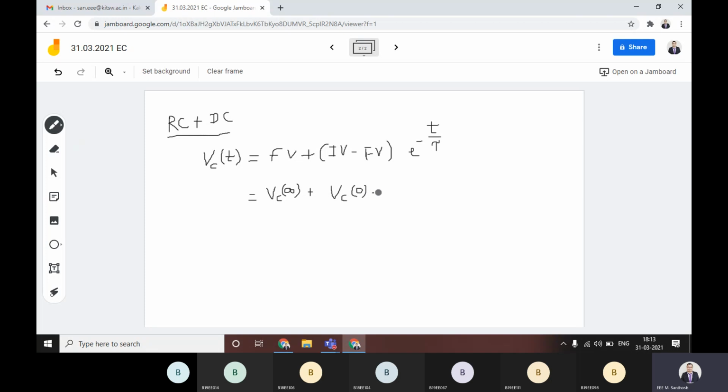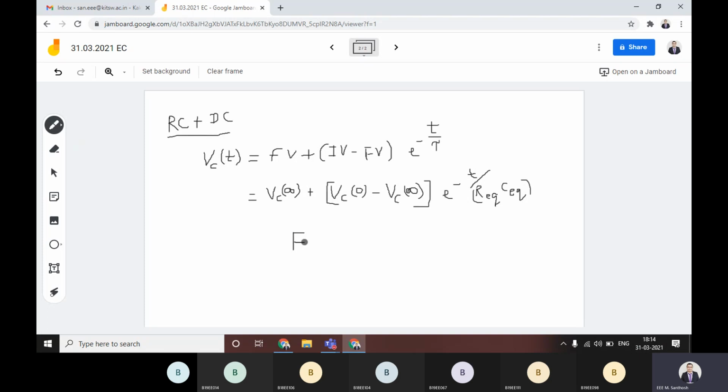Then you have infinity as a final value, and e power minus t by tau, where tau is R equivalent and C equivalent.